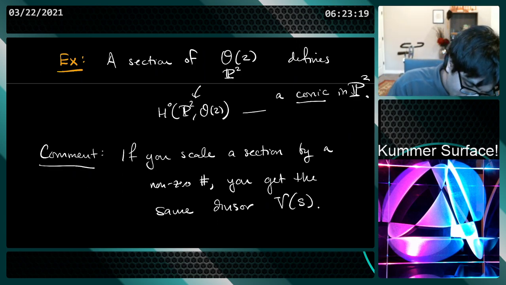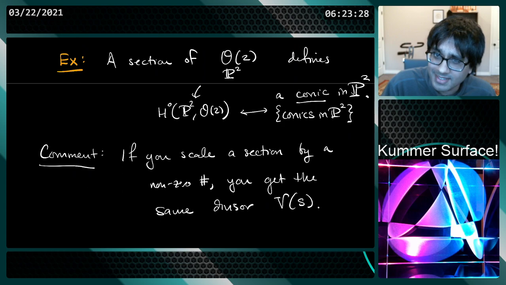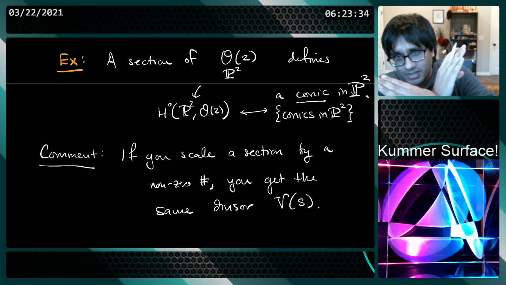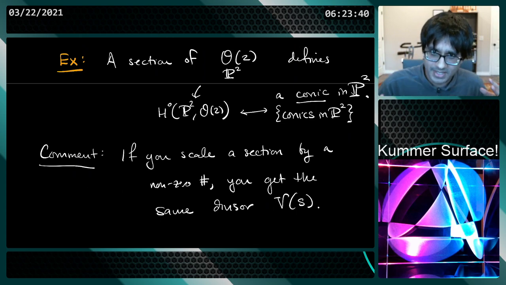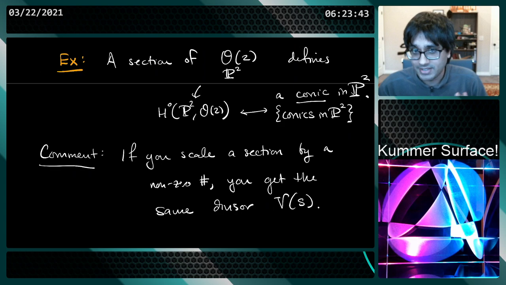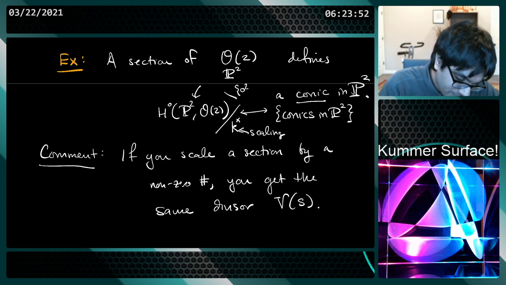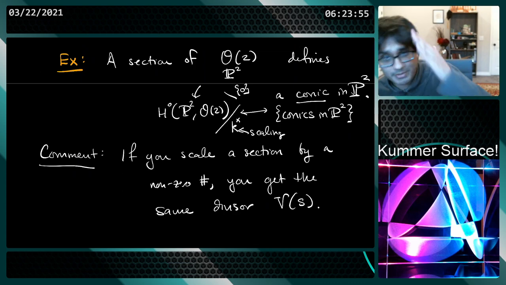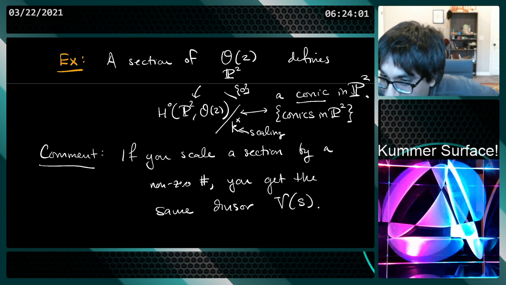Where conics are conic schemes. So you've got the smooth conics, you've got the union of two lines, you've got a line counted twice, the square of an equation of a line. You've got all that together, but the correspondence is up to scaling and without the zero section. So you remove the zero section of this vector space, mod out by scaling, and you get the totality of all conics.